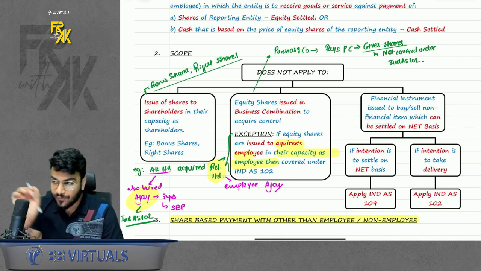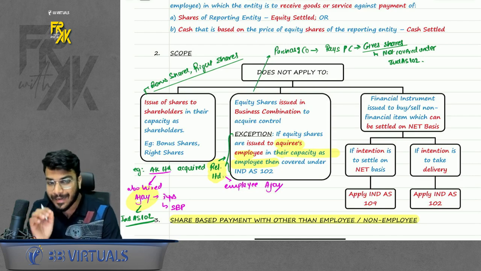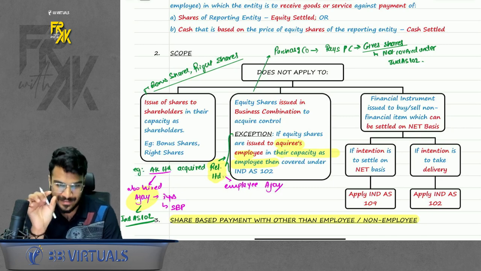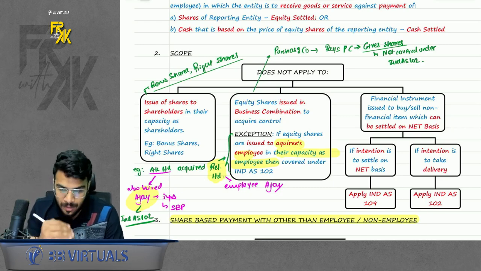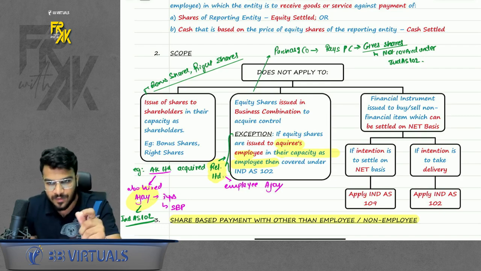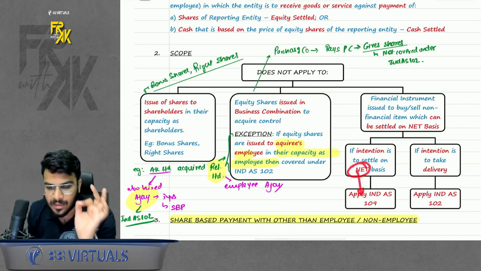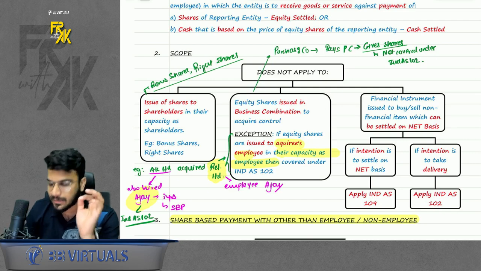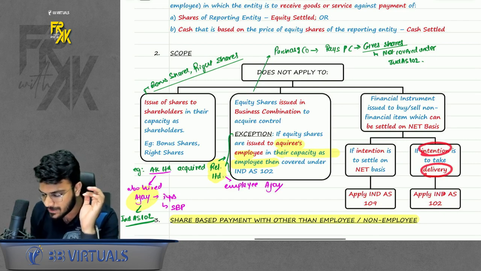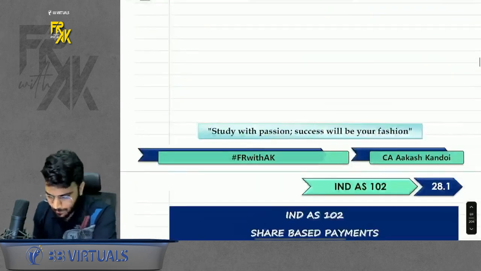For example, I'm going to buy an iPhone from you, and in return I will give you my company shares. If my intention is to settle on a net basis, meaning I will not take the iPhone and not give the shares, and we will just settle the difference between the fair values, it is not covered here; it will be covered under Ind AS 109. But if the intention is to settle on a gross basis, then it will be covered under Ind AS 102. This was the second point.